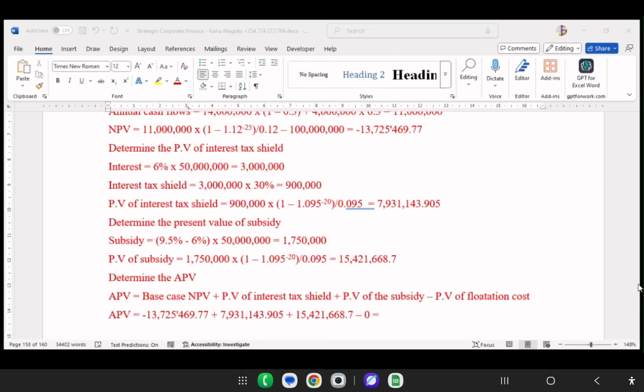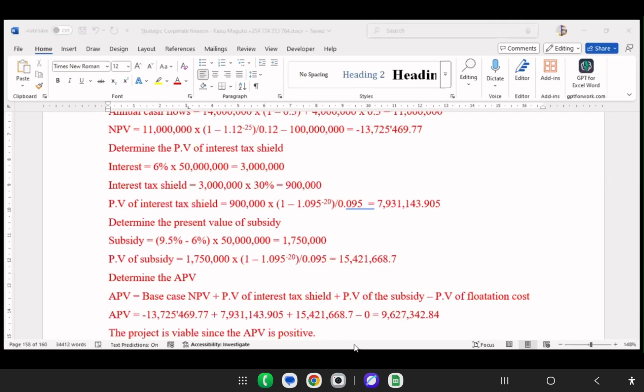Which is which? 96.27. I see a majority giving me 96.27. So we say that adjusted PV is equal to 9,627, and we can therefore say that the project is viable since the APV is positive.